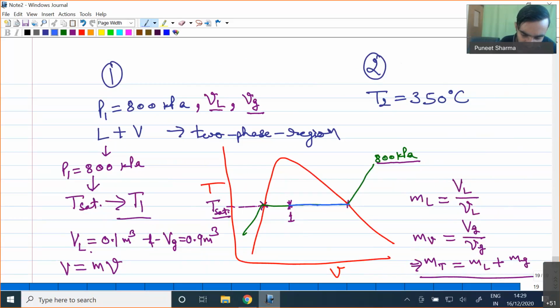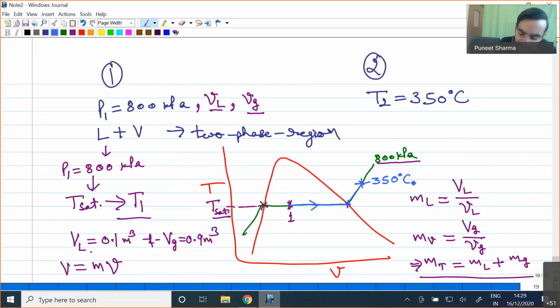So if pressure is maintained constant, first all my liquid will convert into vapor, and after that, if we keep on adding the heat, I will enter into the superheated region, and I'll be adding this heat till my temperature reaches 350 degrees Celsius.